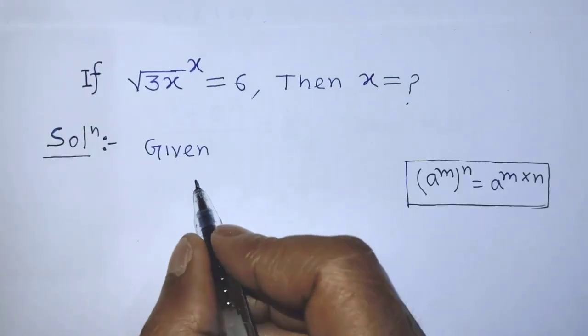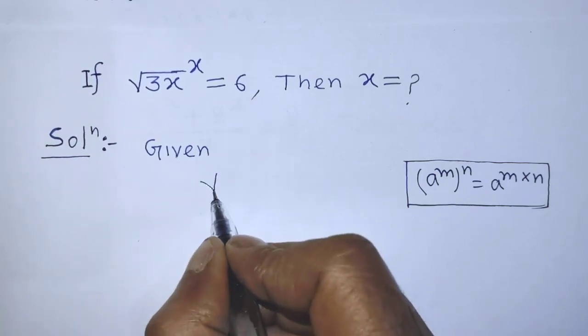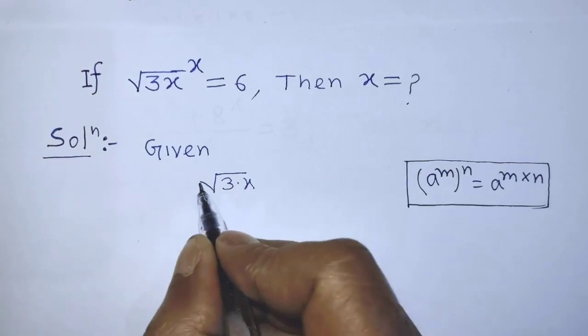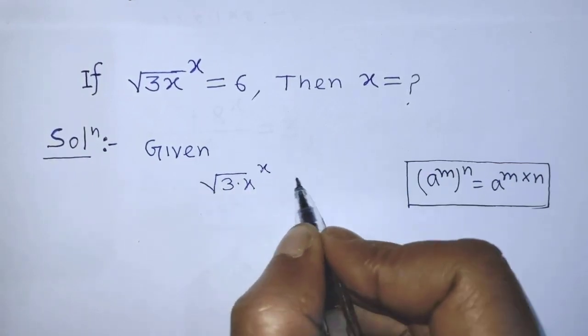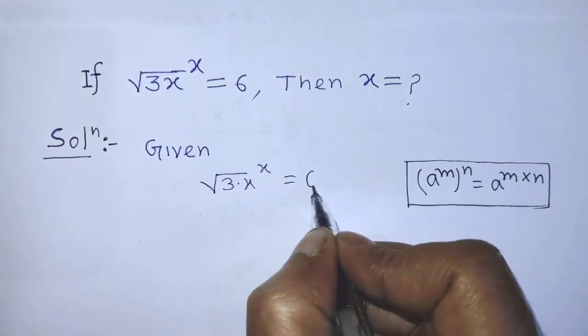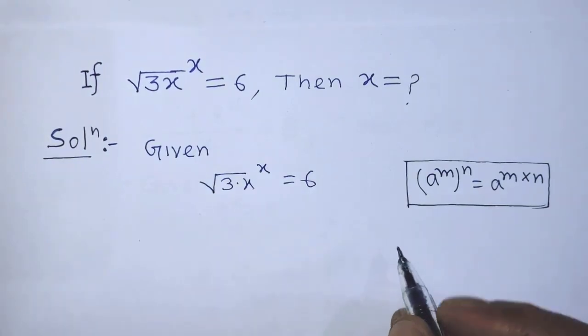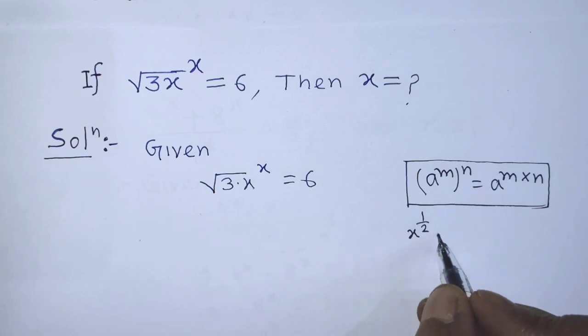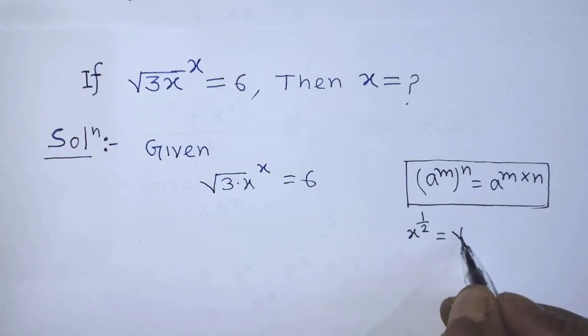Our given equation is (square root of 3x) to the power x is equal to 6. So students, we know that x to the power half is equal to square root of x.